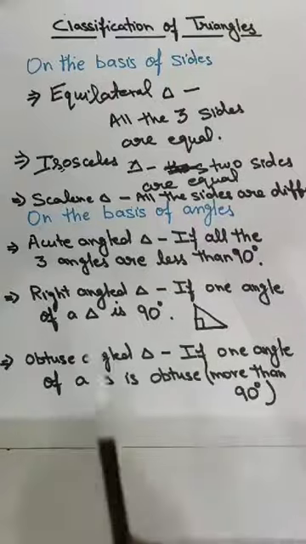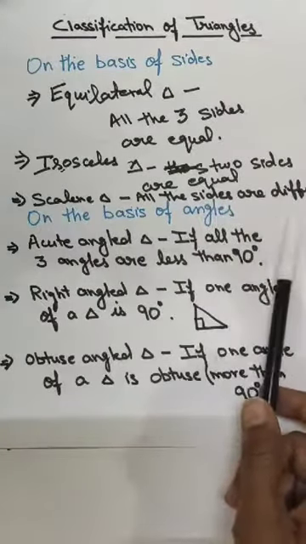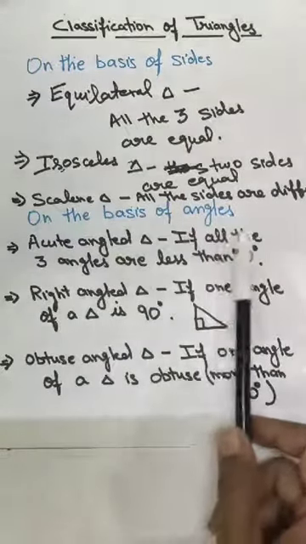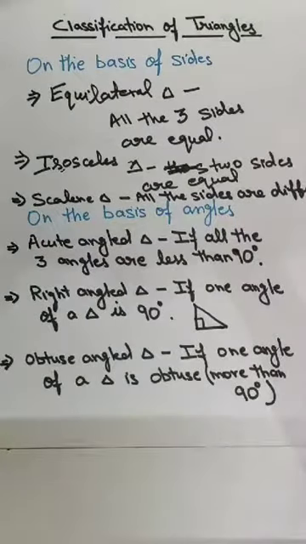And scalene triangle is a triangle whose all the three sides are of different length. On the basis of angles, see beta, when we are classifying the triangles on the basis of angles, then we will not see the sides, whether they are equal or unequal, or how many sides are equal. As we are classifying on the basis of angles, we will see only the angles.